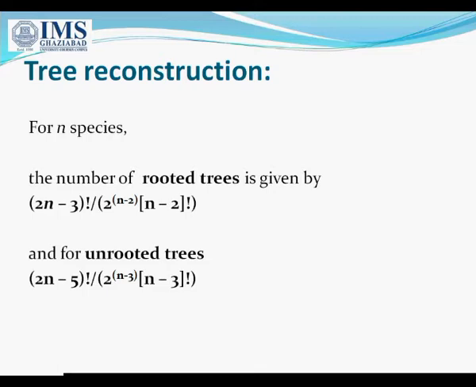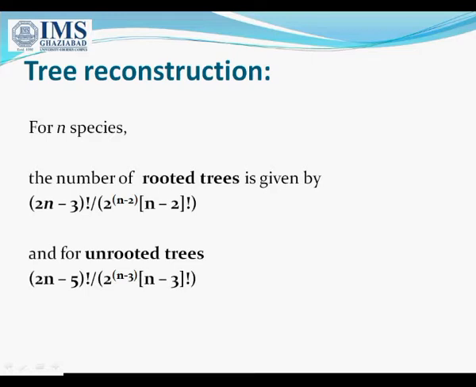So for n number of species, if we want to have rooted trees, then the formula is (2n minus 3) factorial divided by 2 raised to the power n minus 2 multiplied by (n minus 2) factorial. Similarly, for unrooted trees, we have the formula (2n minus 5) factorial divided by 2 to the power n minus 3 multiplied by (n minus 3) factorial.